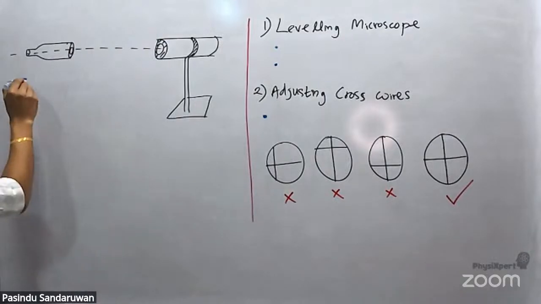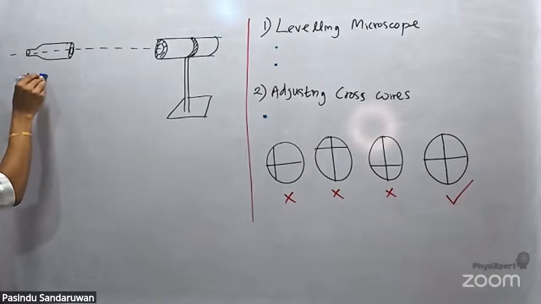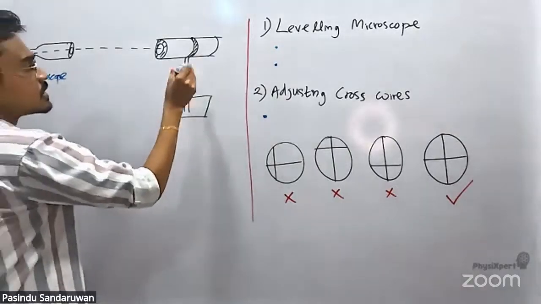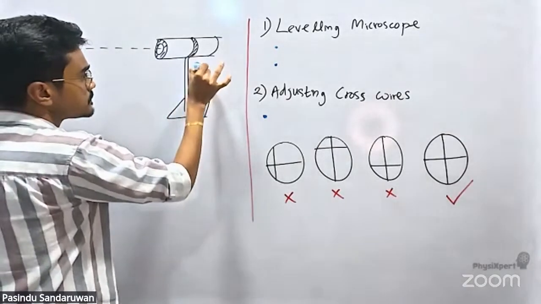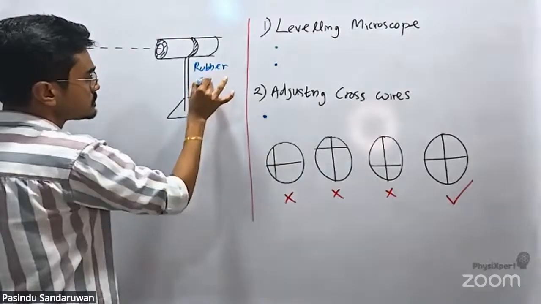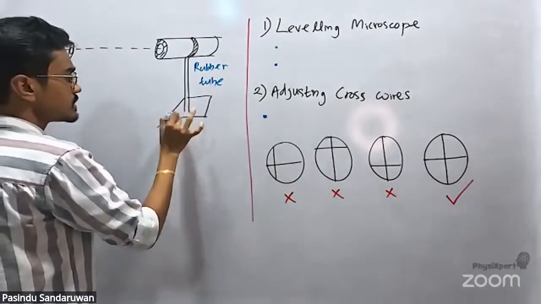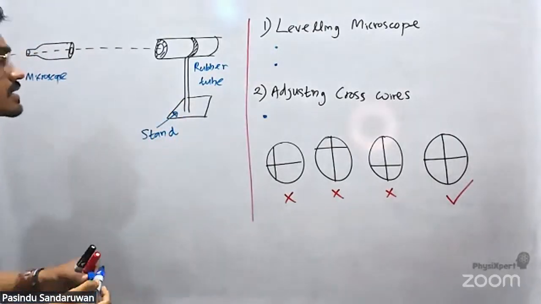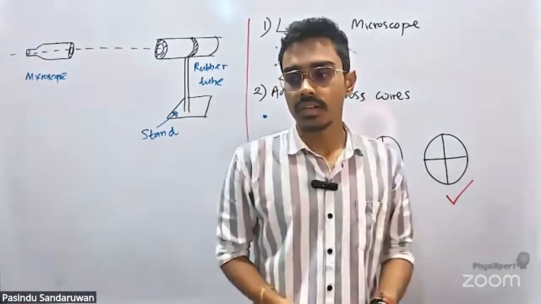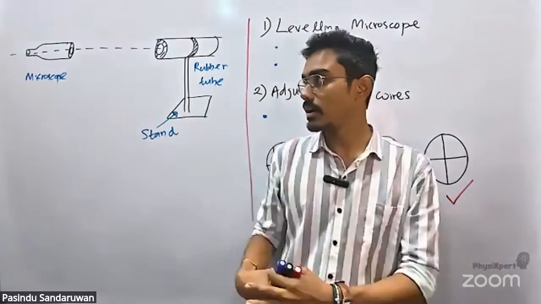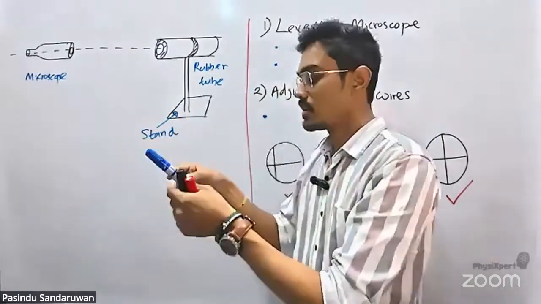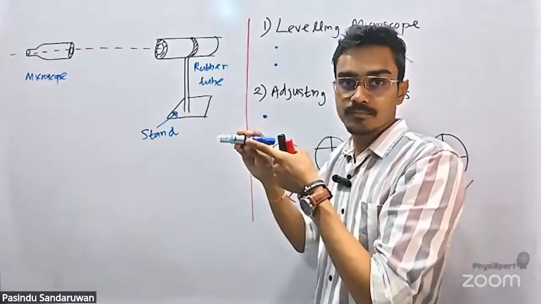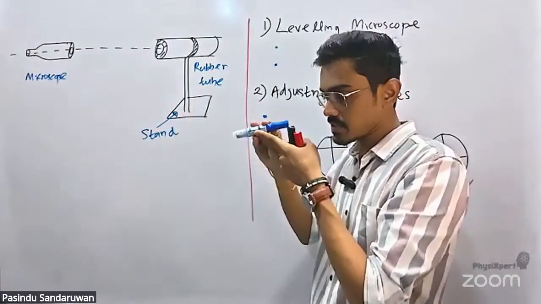This is the microscope, and this is the rubber tube, and this is the stand. If I need to observe a horizontal plane, you can rotate this like this and observe the horizontal plane.